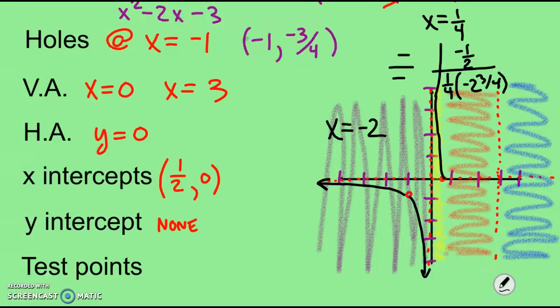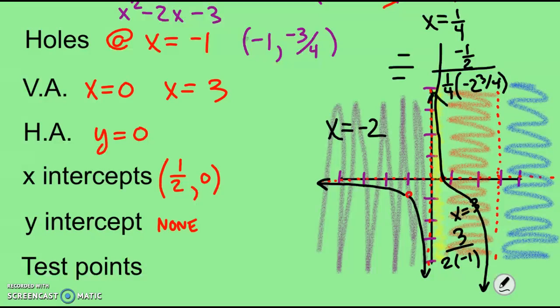If I check 3, x equals 3, you're going to get 3 over 2 times -1. Is that going to be positive or negative? That's going to be a negative, so it's going to pass through and go like this, and come over somewhere and follow that. So it's going to be like a little cubic function there.